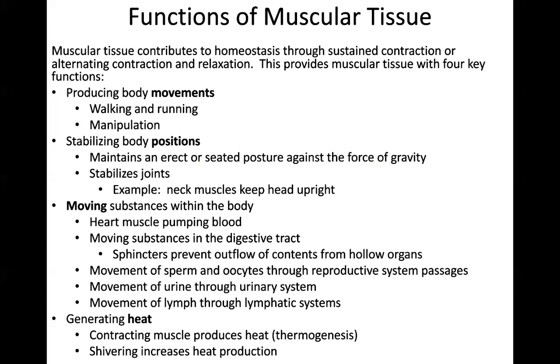Shivering is a way that we increase our heat production, and contracting muscles produce a lot of heat, which is why we shiver. It also explains why when you exercise and you're physically active, you get hot and sweaty. The term thermogenesis literally translates to mean heat producing, and something that our muscles definitely do a lot of.